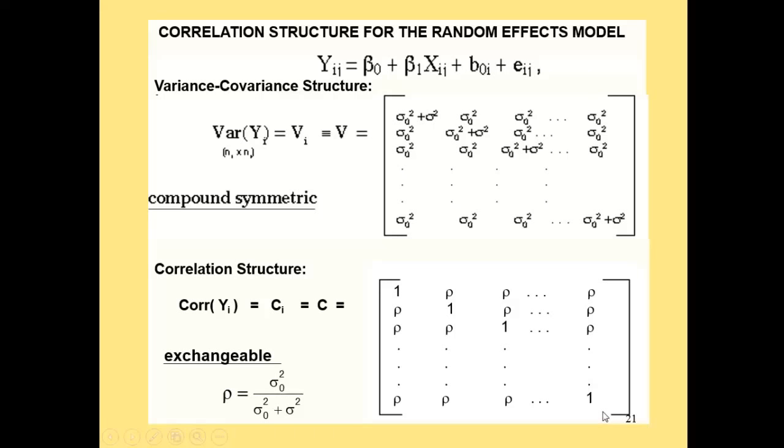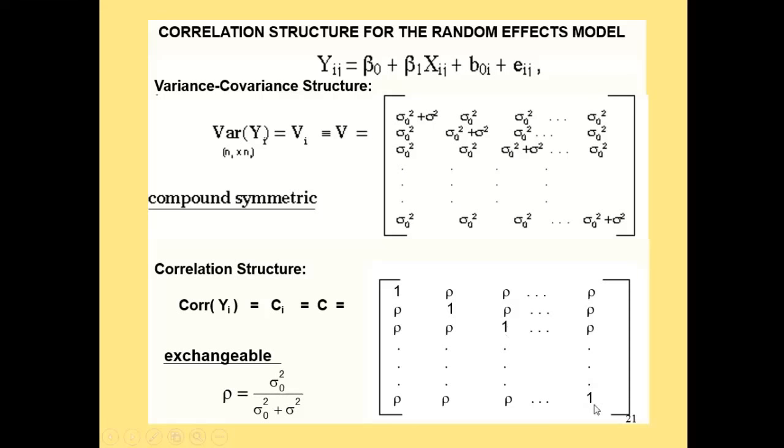That says that the correlation between observation 1 and observation 1 is 1. Well, thank God, if the correlation between two of the same thing is not 1, we are in really deep trouble. The correlation between observation 2 and observation 2 on subject i is 1. The correlation between observation 3 and observation 3 on subject i is 1.